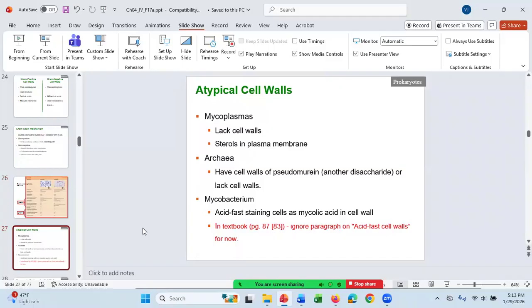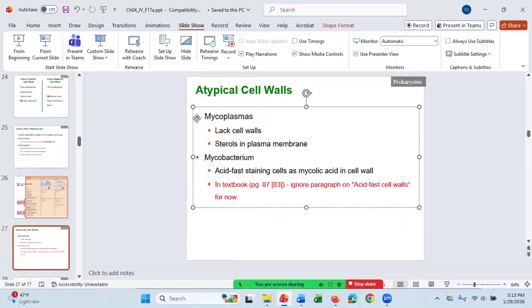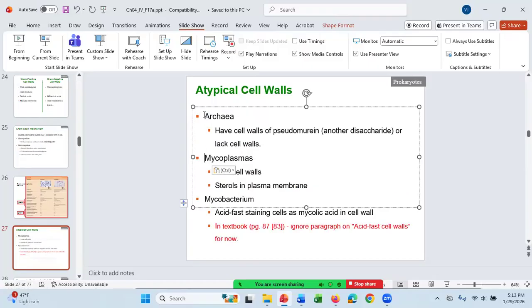So we've talked about the gram-negative cells and the gram-positive cells and talked about their differences. Let me state there are some cells with atypical cell walls. And I actually should move this to the first one up here. Archaea is an atypical cell wall because they're not bacteria.